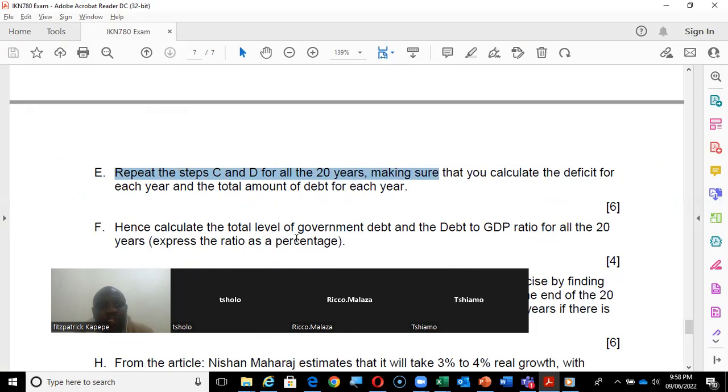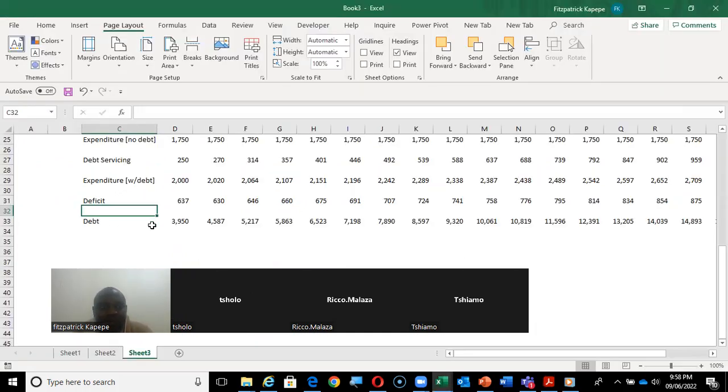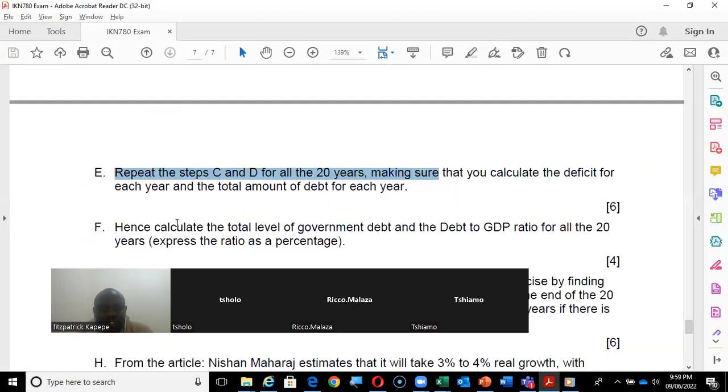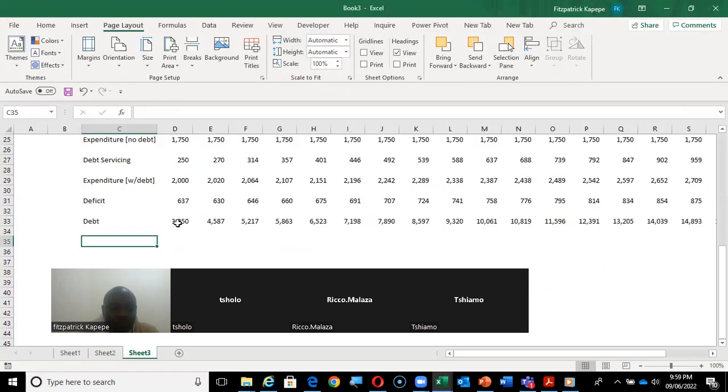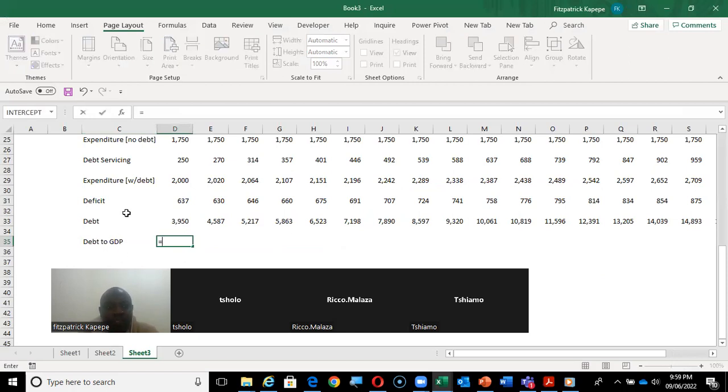Hence, calculate the total level of government debt and debt to GDP ratio. Again, we did the debt. This is the debt, government debt. So what they want is the debt to GDP ratio. So debt divided by the GDP.